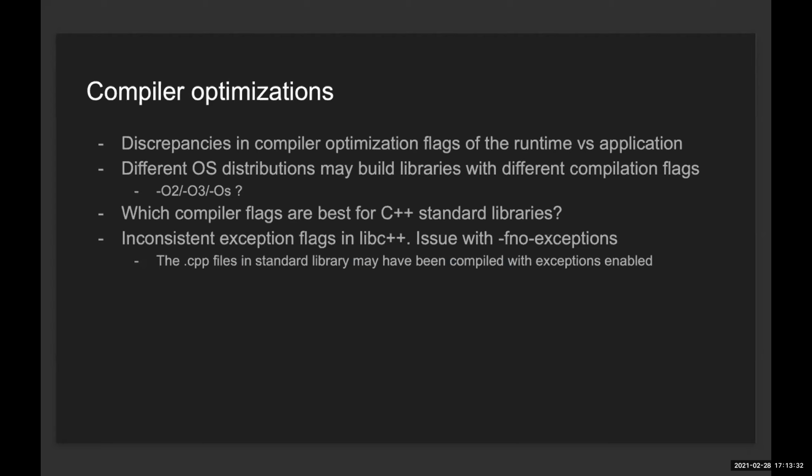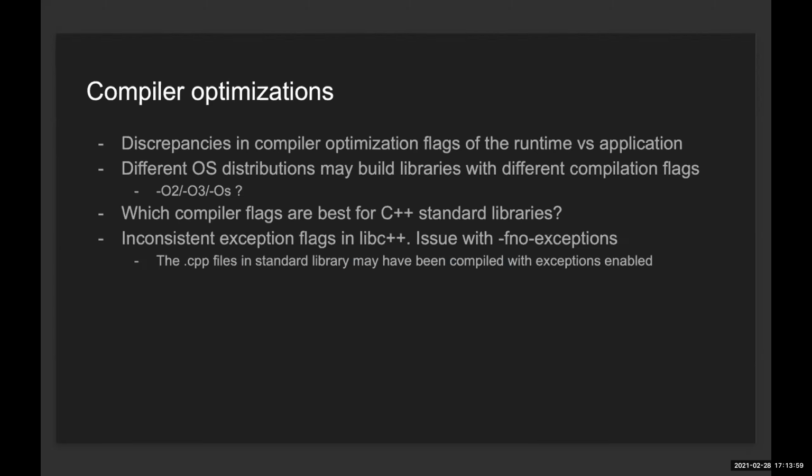But when we compile our application, we compile with a different optimization. We have different requirements in mind: we care about performance, or code size, or the most aggressive performance, like O3 or Ofast, right? But we do not get the advantage of the same optimization flag in the runtime. So we are losing performance for free.